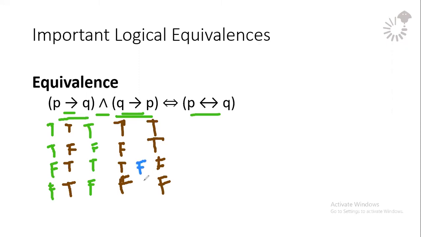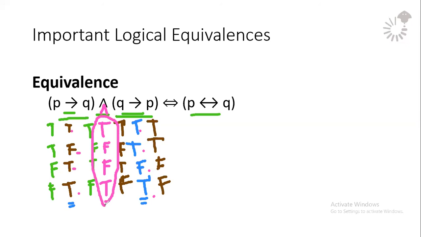True, false, and the rest are true. So this one and this one, we will conjunct them. True and true is true. False and true is false. True and false is false. True and true is true. This is the answer for the first statement.